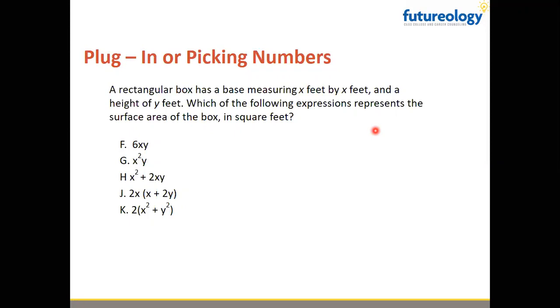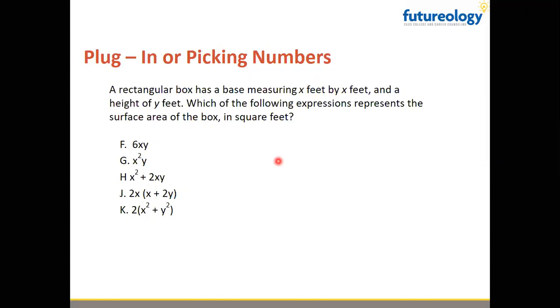I'm giving you additional plug-in problems and the other topic I'm going to cover tonight. Do those problems, and I give you explanations on how to solve them. The other part I want you to do is go through an ACT or SAT, try to find some of these plug-in problems and go, oh, here's one, and be able to recognize them. So here we go, rectangular box.